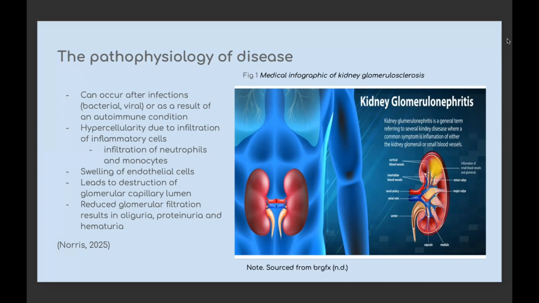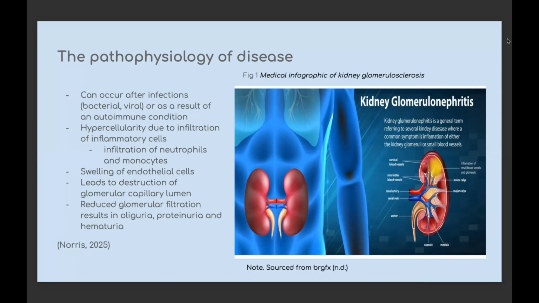On the other hand, certain pathogens can just make their way into the glomeruli and may deposit themselves there through direct invasion. Both of these mechanisms lead to an inflammatory response, which leads to hypercellularity.